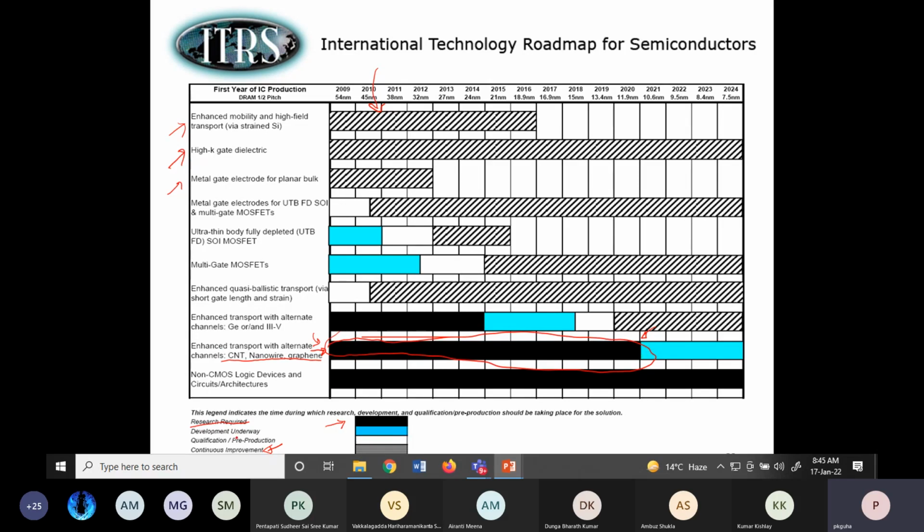So beyond 2020, 2021, development will be underway, and before that extensive research is required. At 2008, they predicted till 2024. As I said, it is like a 15 year prediction.